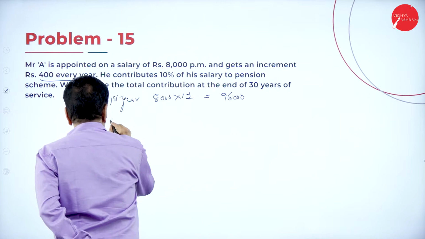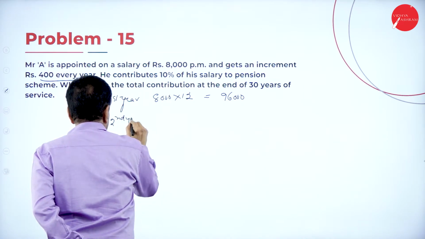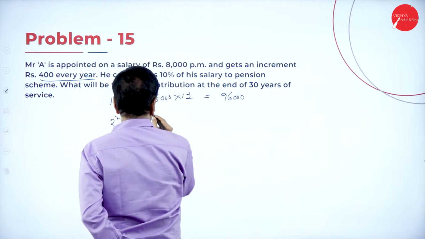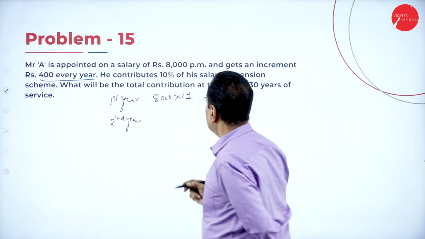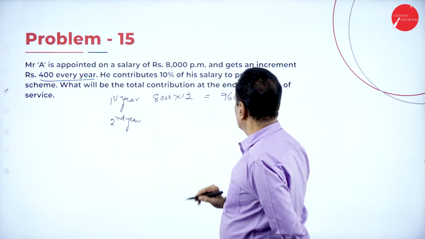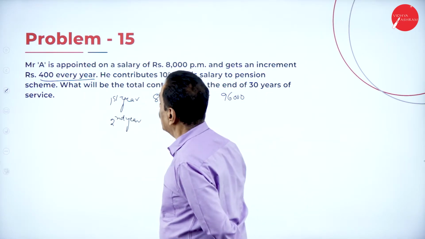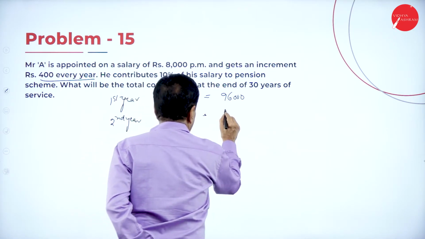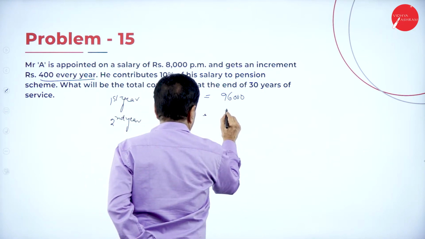Then in the second year, it increases by 400, so it becomes 96,400.